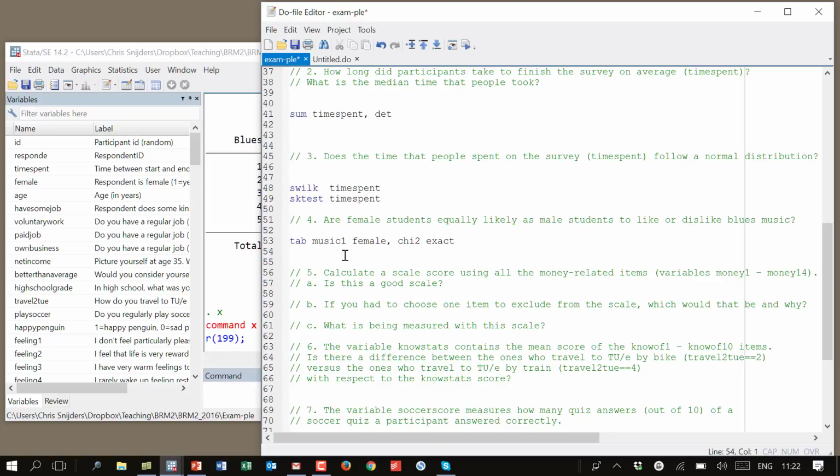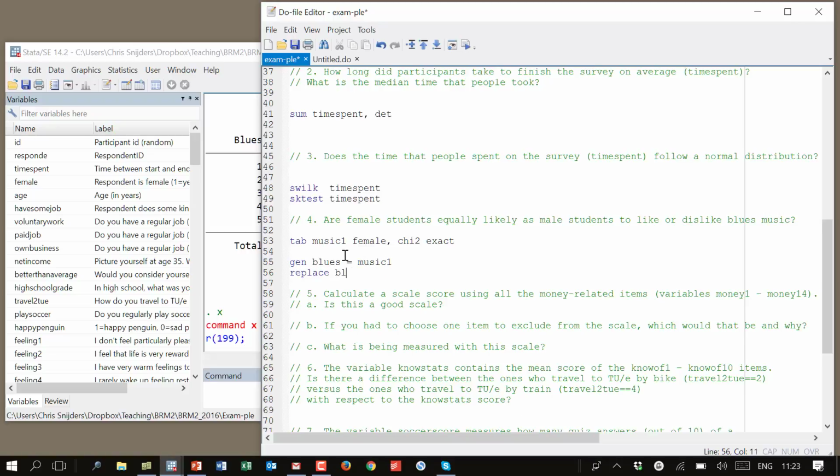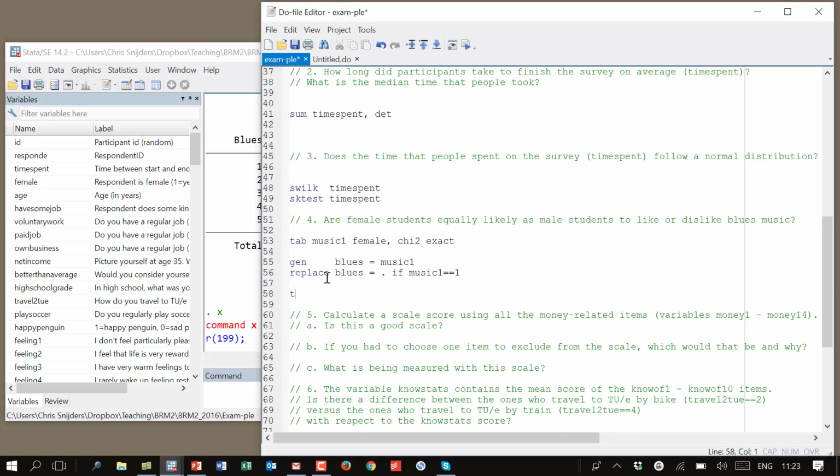So you could do something like generate blues equal to music 1, and now replace blues as missing if music 1 equal to 1. And now try tab.